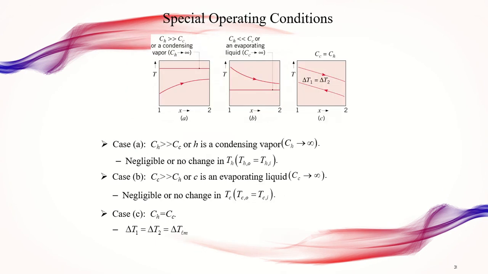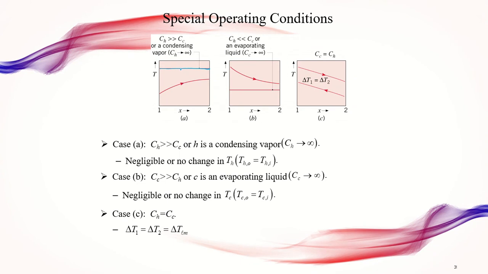For special operating conditions, we have several cases. So the first case, let's say the temperature of the hot side here is constant, meaning that it's a condensing vapor. As you can see here, the temperature of the cold fluid is increasing.